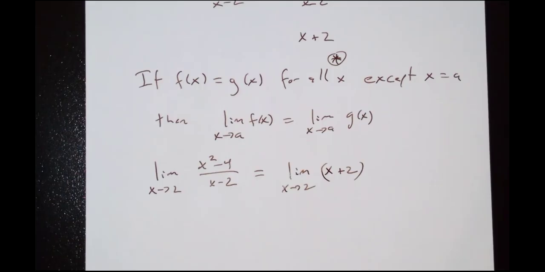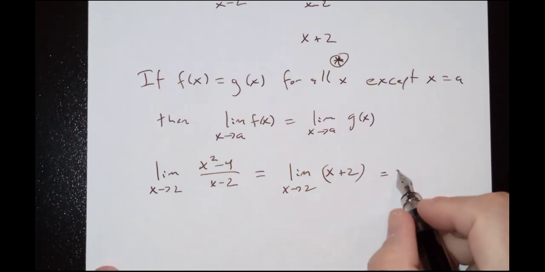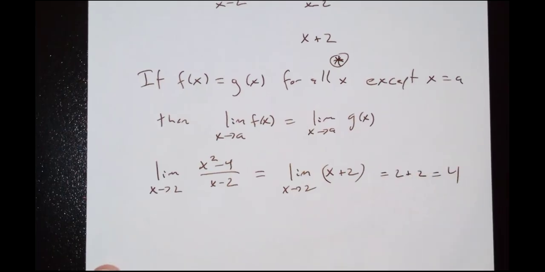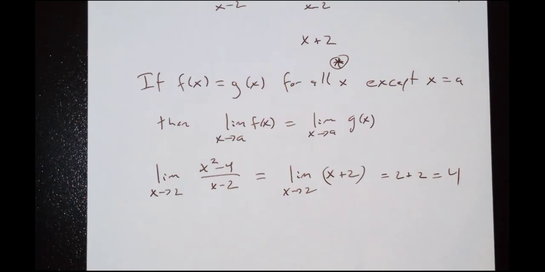And that thing on the left was 0 over 0, but the thing on the right isn't. It's a polynomial, which means I can just plug in. So I can fix indeterminate forms if I can do algebra to make them no longer indeterminate. If I can determine them, indeterminate becomes determined.